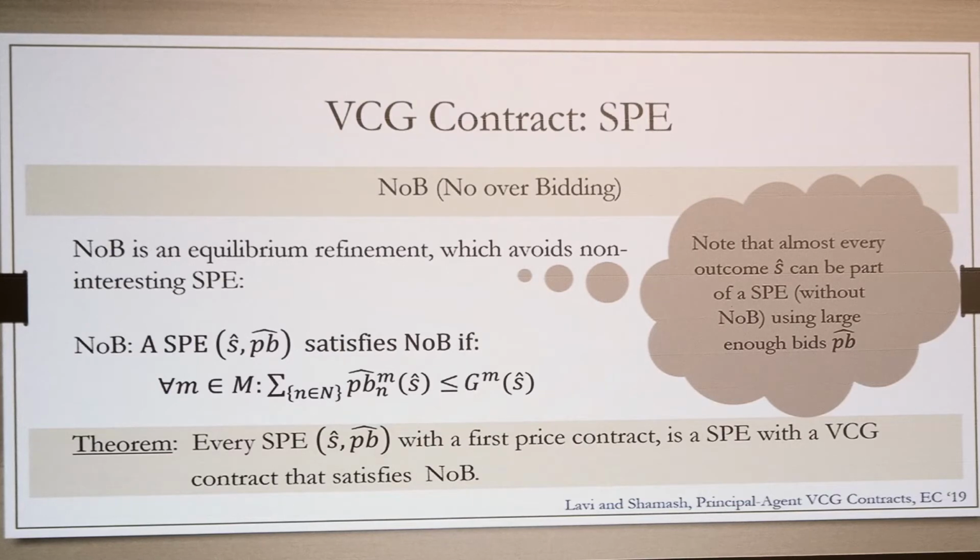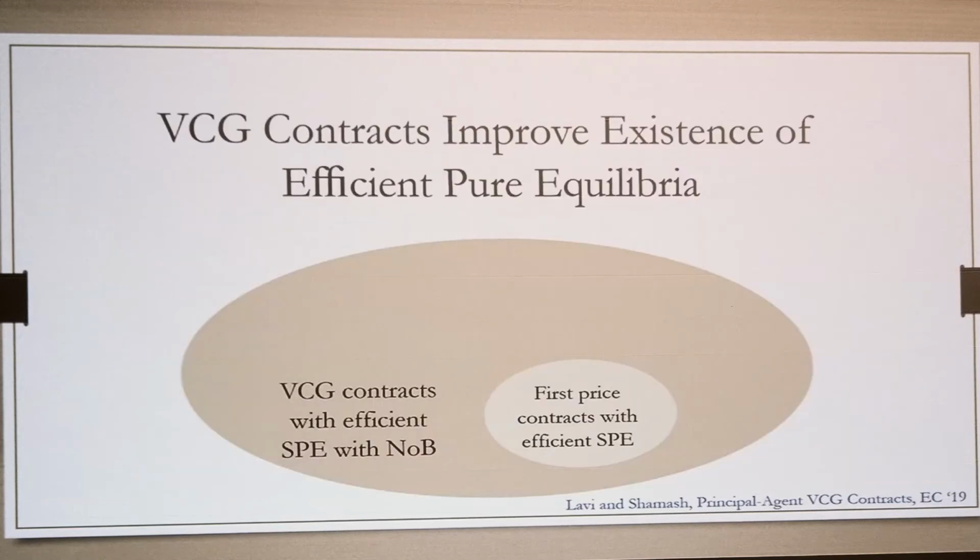Turns out that every subgame perfect equilibrium in the first price contract is also a subgame perfect equilibrium in the VCG contract, and it satisfies no overbidding. So from here we can learn that the set of games which have a subgame perfect equilibrium in the VCG contract includes the set of games which have a subgame perfect equilibrium in the first price contracts. But this inclusion is strict and even has positive measure.